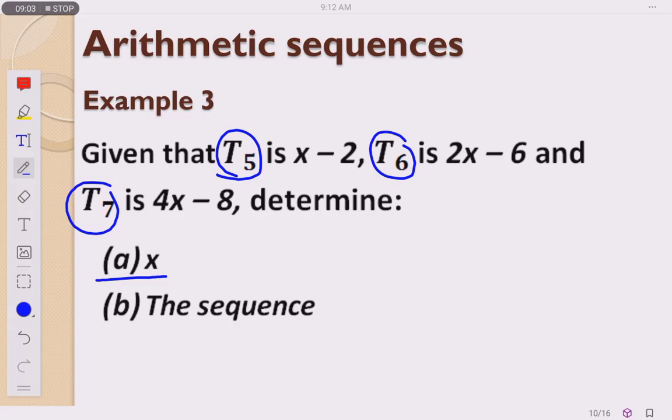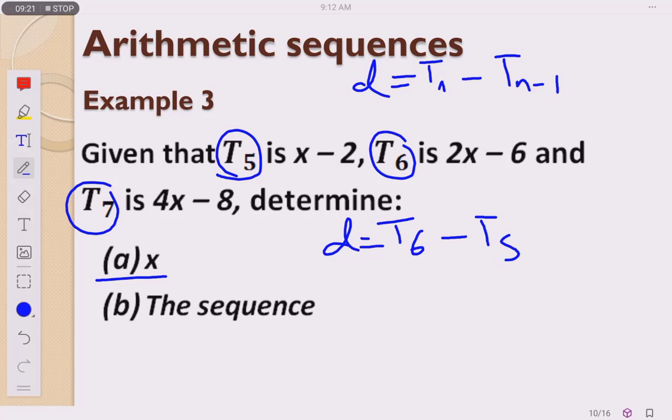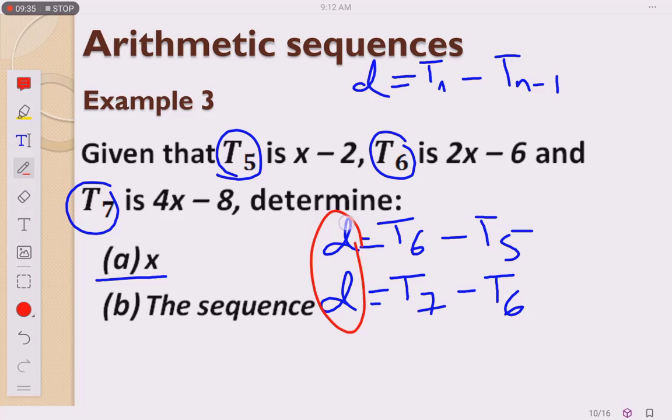Remember, we were saying our common difference D is equal to Tn - T(n-1), such that if I take common difference, D is equal to T6 - T5. I'll get the same value as D is equal to T7 - T6. For the two, I'll get the same common difference.